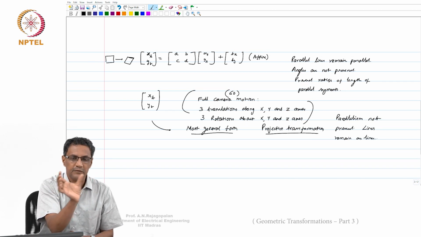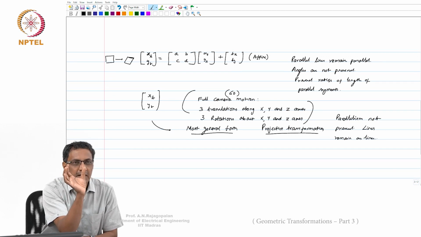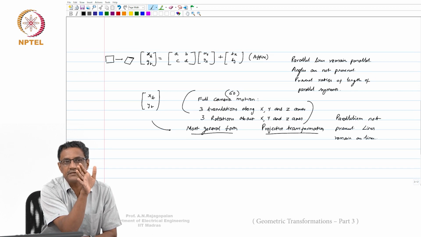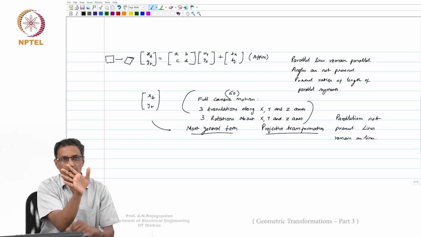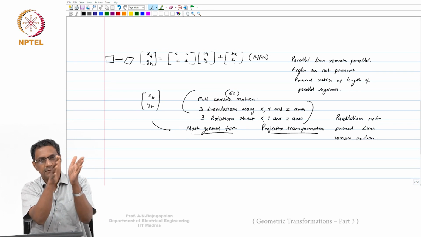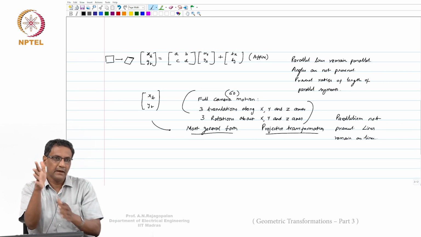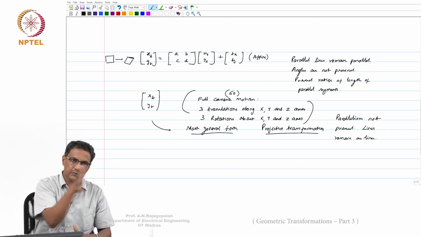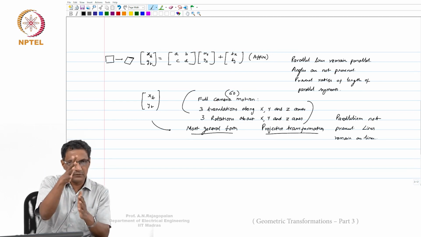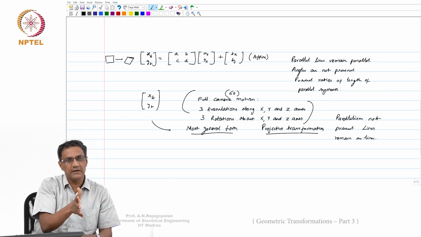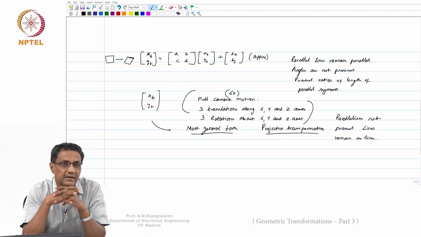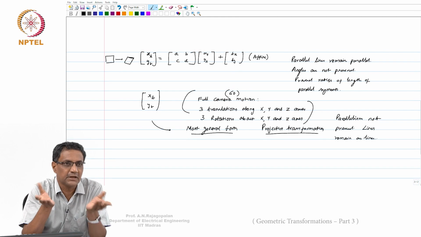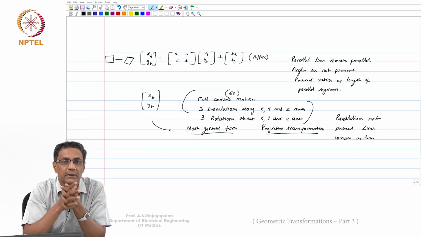If your motion is fast enough, because all sensors are not exposed at the same time, the top few rows would have observed this motion, so the line will tend to bend this way, and then because you're coming back, the rest of the portion will try to bend inwards. If you see that image, it will have some kind of a curve, which means it is introducing something that is actually not in the scene. That could complicate matters.